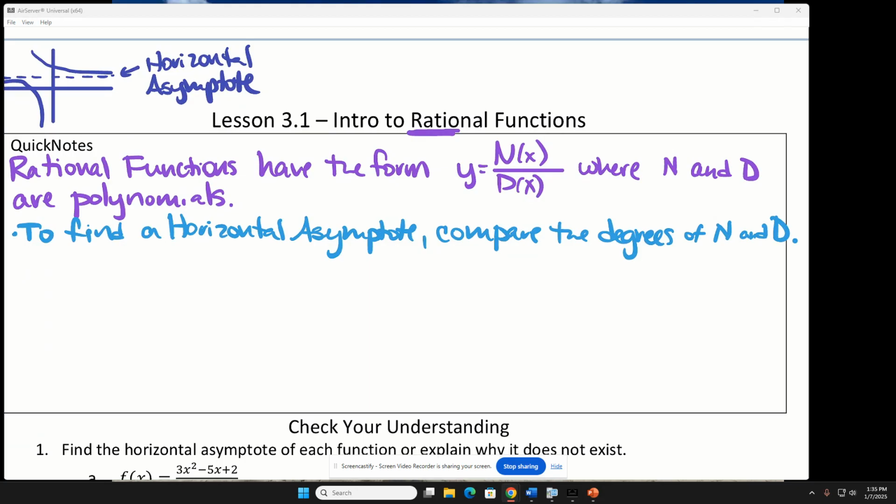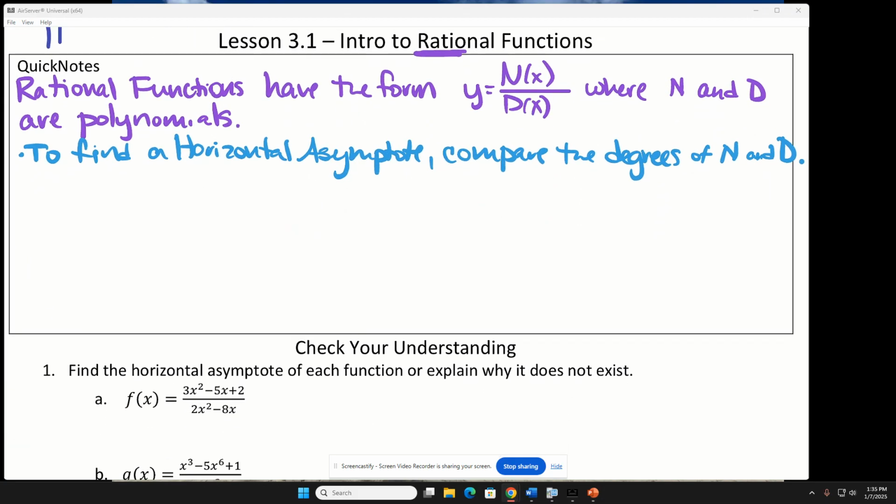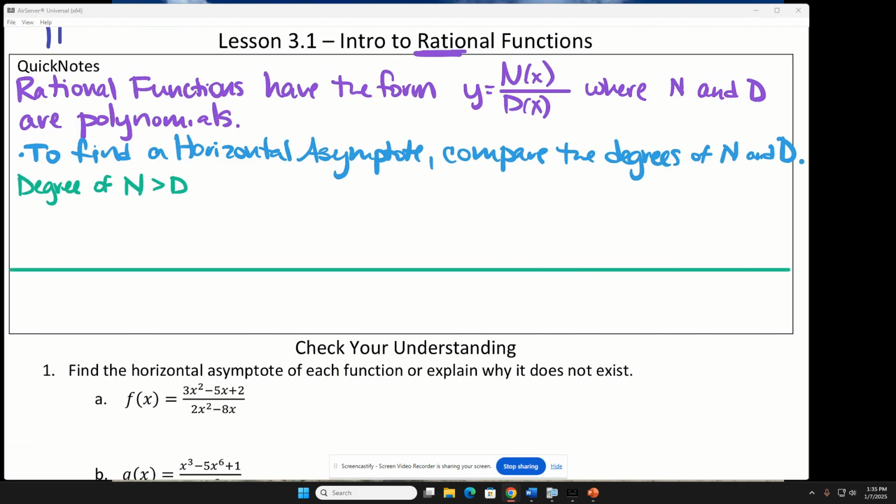Right, so there are three things that could happen when you make these comparisons. One thing that could happen is the degree of the numerator is greater than the denominator. So the degree of n is greater than d. Okay, so I'm going to draw a little line here. We're going to have to put one more thing underneath this in a second.